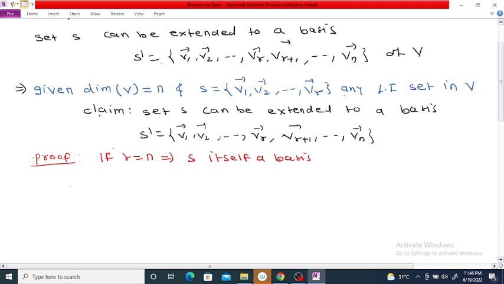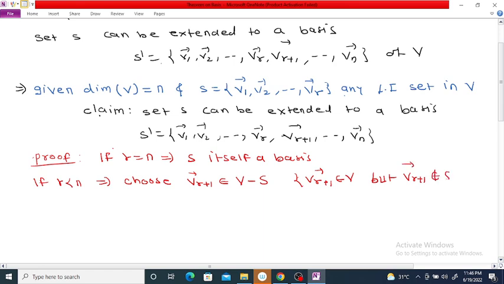Now if r is less than n, then choose vr plus 1 bar from the set V minus S, that is, which does not belong to S. What is the meaning of this? vr plus 1 bar belongs to V, but vr plus 1 bar does not belong to set S.